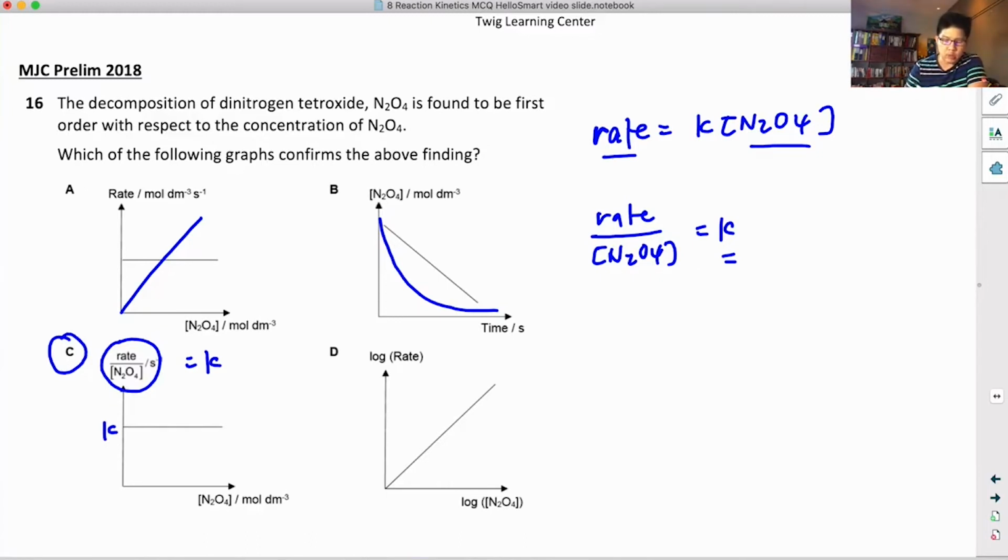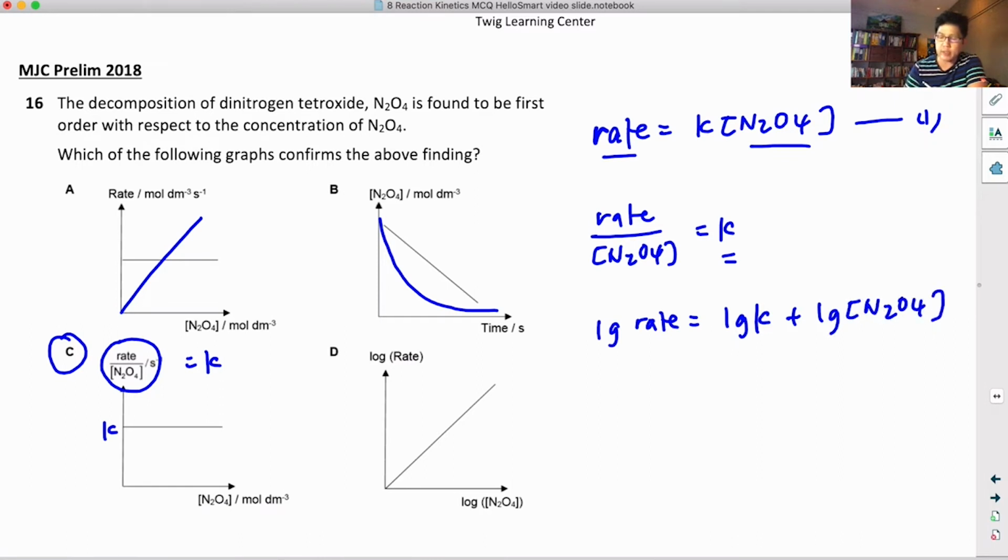But let's look at why it is not D. For D, you take logarithm on both sides of this equation. So it's log rate equals log k plus log [N2O4].